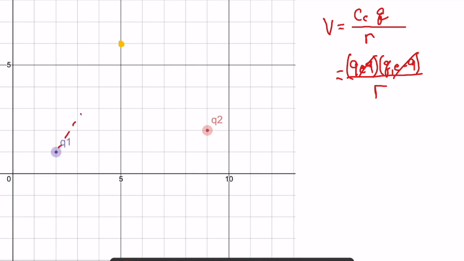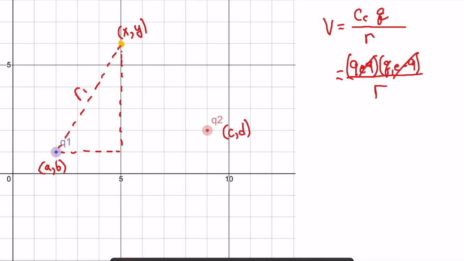So to get the radius, we got to do a little bit of Pythagorean's theorem. We need to know the coordinates of our object, so we're going to call this x and y. We'll call this coordinate a comma b, and we'll call this coordinate c comma d.